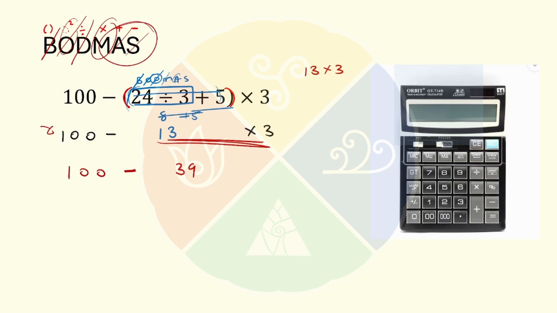Addition and subtraction, I recommend that you do at the same time, because the minus always sticks with the guy on the right. So this is 100 minus 39. To avoid any confusion, you have to do addition and subtraction together. Now, what is 100 minus 39? 100 minus 40 is 60, so this will become 61. So 61 is the answer for this problem.